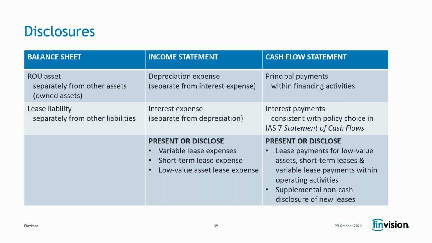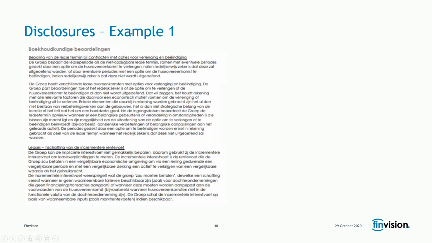If you have a look then at some practical examples, in a first example, this is in Dutch, but we have similar examples later on also in English. In the accounting judgments and estimates, you will also see, for instance, a description often on the determination of the lease term for contracts with options to extend or terminate.